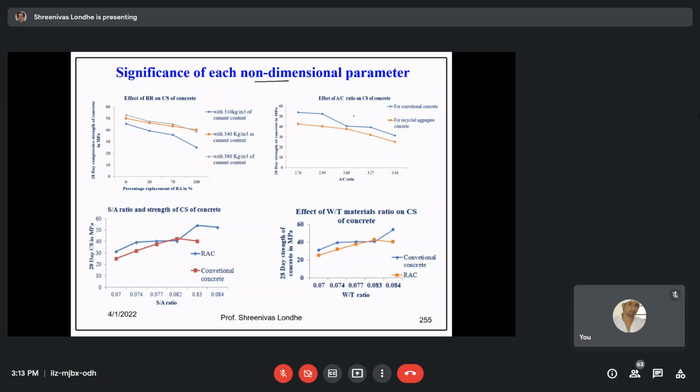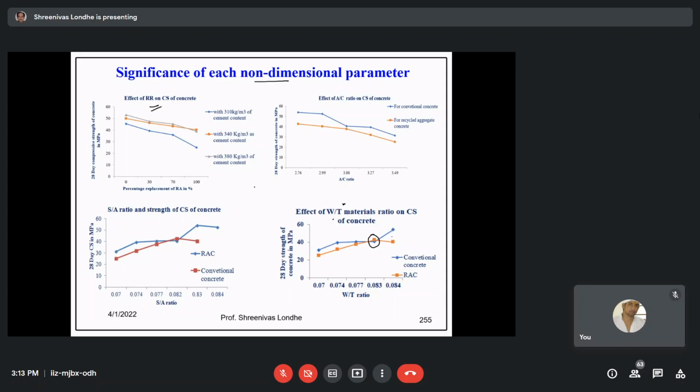For example, you can see on the slide, I'll explain one: the RR ratio, or the replacement ratio. Increase in the replacement of natural aggregates with recycled aggregates is going to decrease the strength of concrete. Increase in the water to total materials ratio is going to increase the 28-day strength up to a certain limit, later it is going to decrease, and so on and so forth. So this is the one about RR which I was talking about.